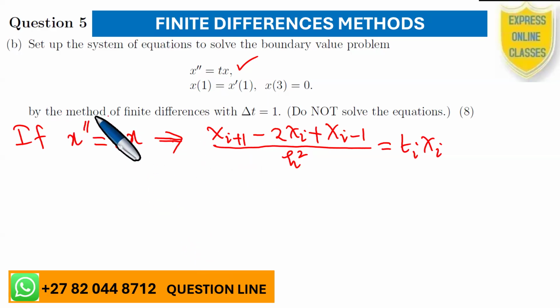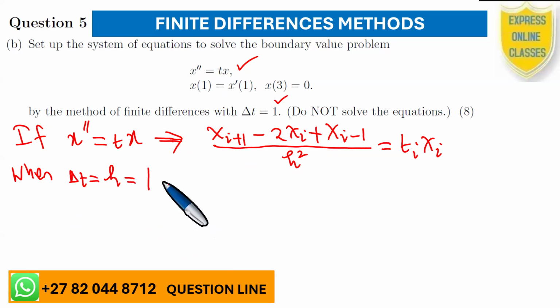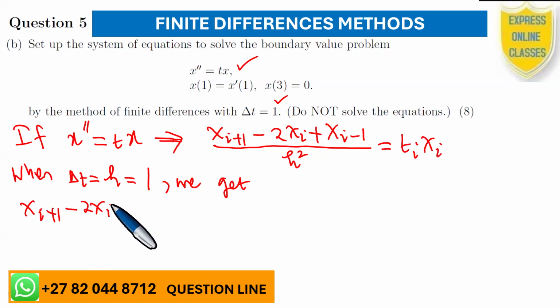But by the method of finite differences with delta t, that is h, equals 1, we get, so we put 1 here. So it's going to be x sub i plus 1 minus 2x sub i. So we have this.